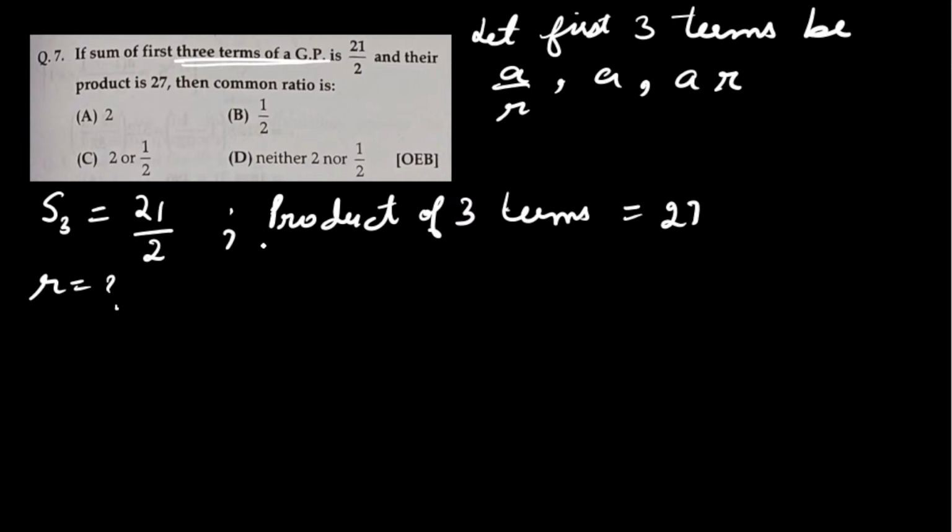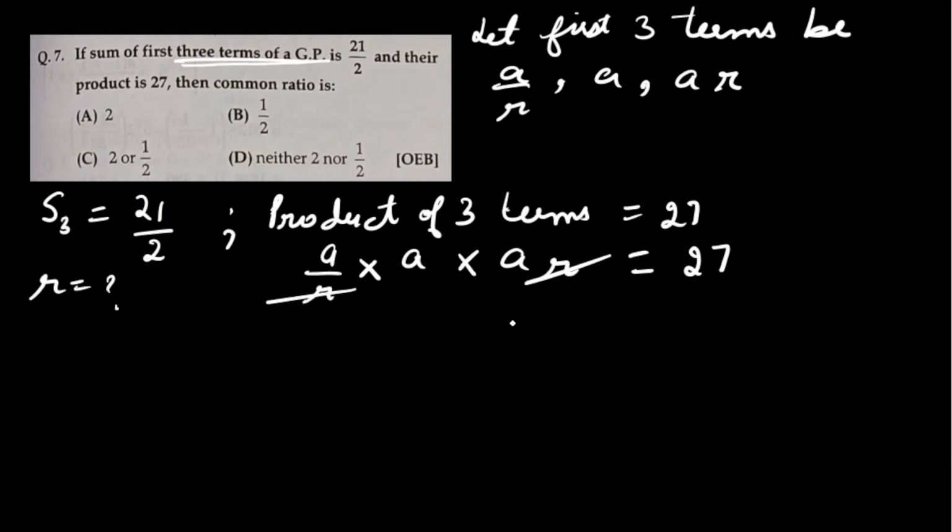First of all, I'll start from the product part. Product means multiplication. The product of the three terms is 27. So A by R into A into AR equals 27.